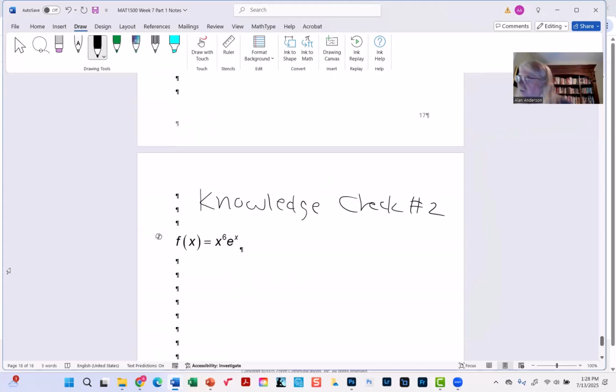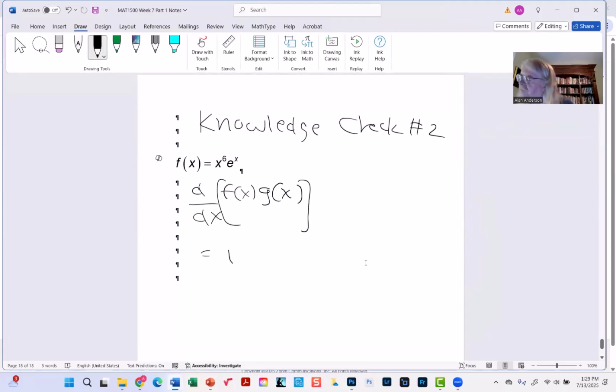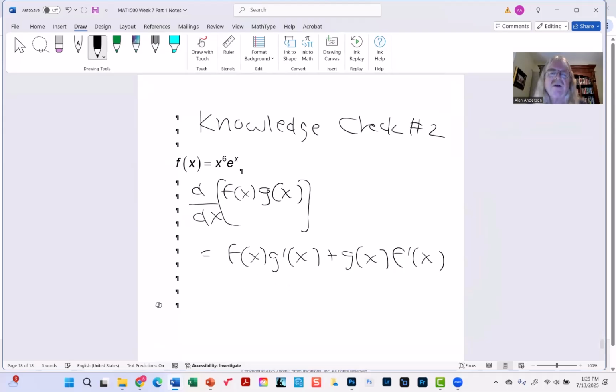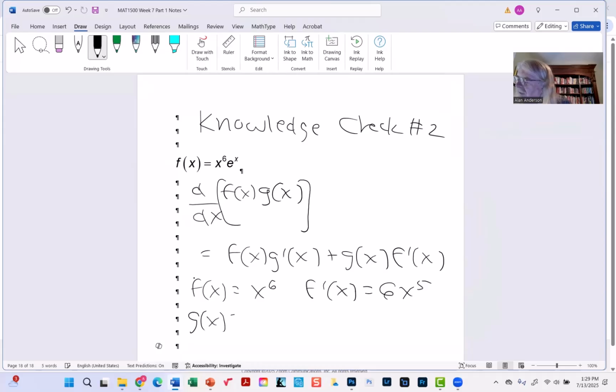So again, just as a quick reminder, this gives us... and so here we'll let x to the 6th be our f of x, which means that f prime of x, the power rule, is 6x to the 5th, and then g of x will be that e to the x.